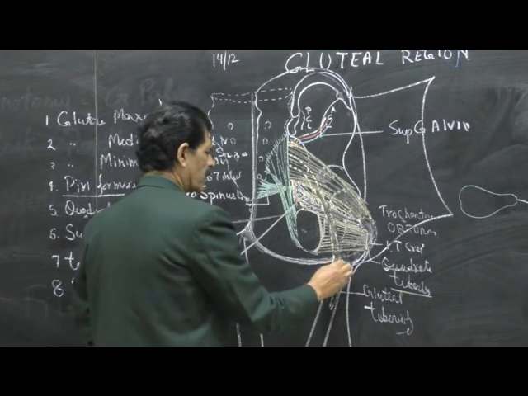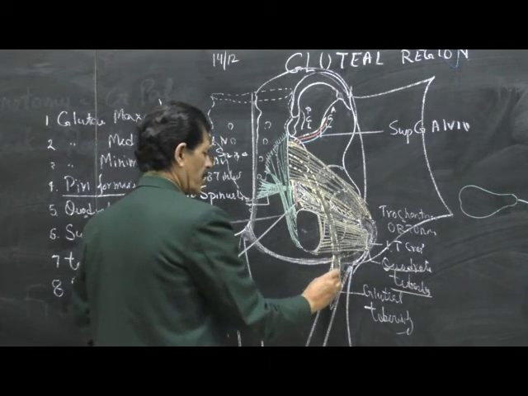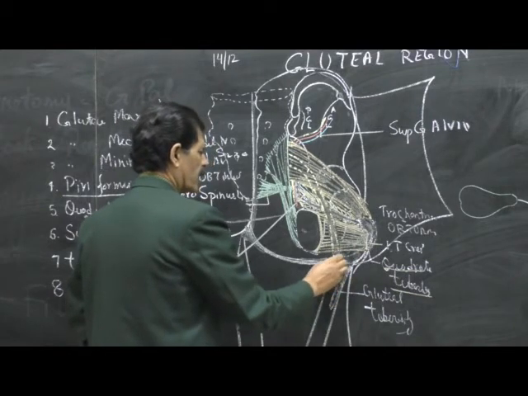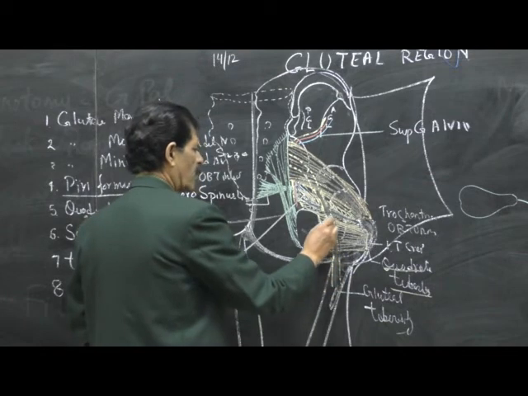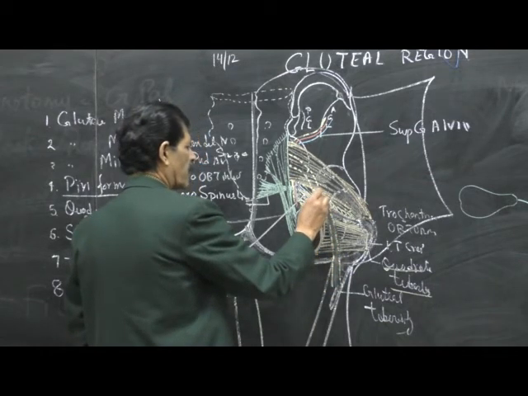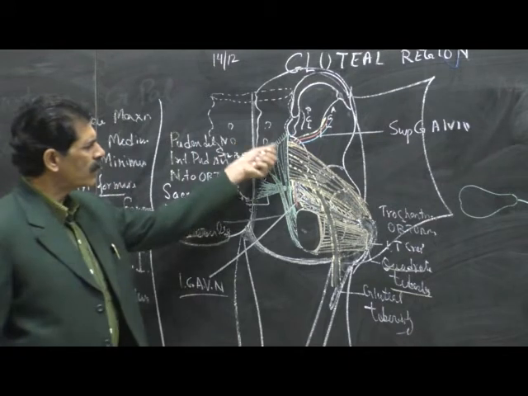Now the nerve is no longer covered by muscles. So it comes from the lower border of the gluteus maximus muscle and no muscle is now covering it. So this is the oblique course of the sciatic nerve.